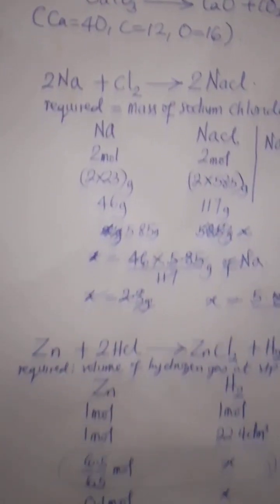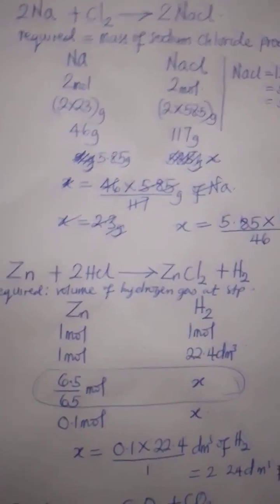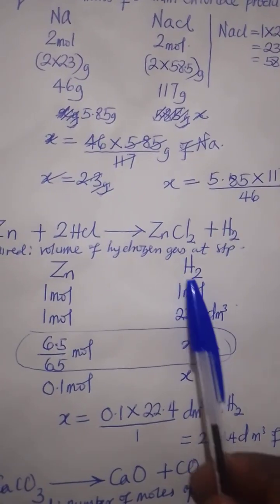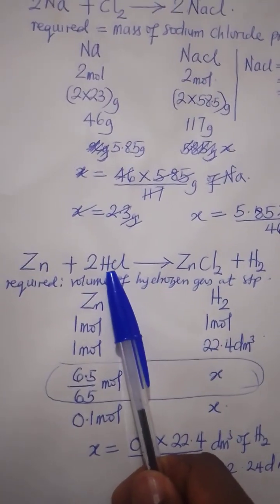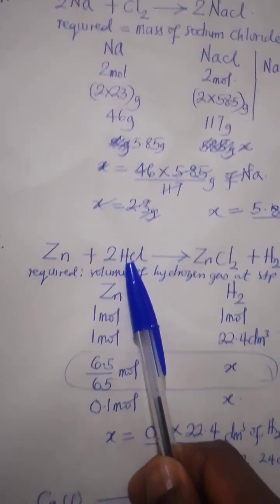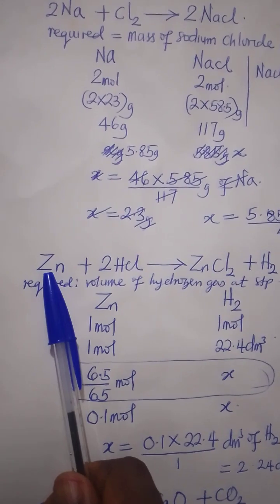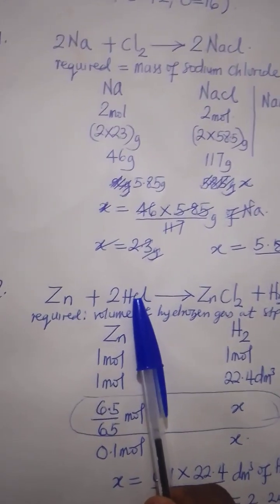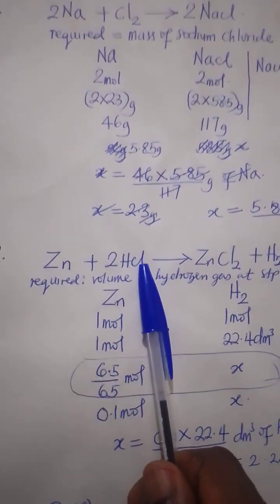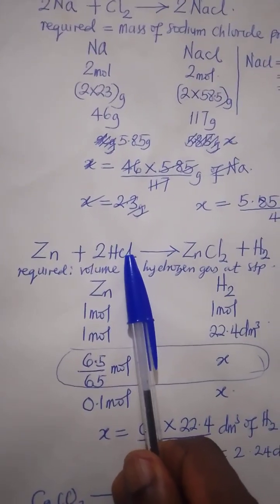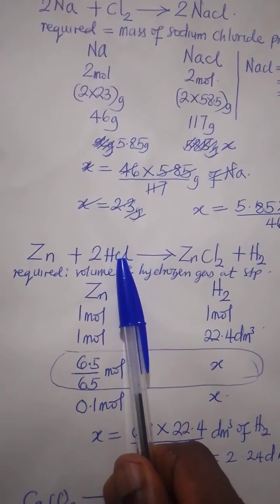Remember again, the examiner has told us that the dilute hydrochloric acid is in excess. That makes zinc limiting. So zinc is the limiting reactant, while HCl is the excess reactant, so we don't need to go and calculate that.